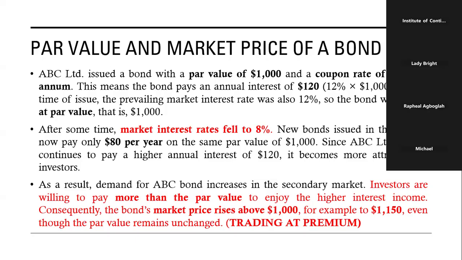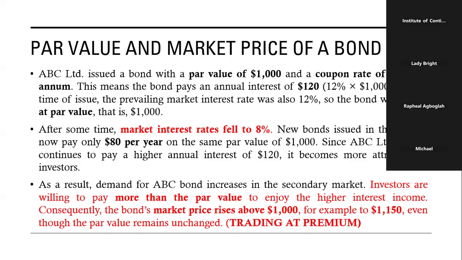Some time back, the Bank of Ghana rate was as high as 28. So if we are using those two rates for bonds that were traded at that time, the interest rate was high. But now, currently, interest rates have generally come down. It means that bonds that will be traded now will come with the new, lower interest rates.